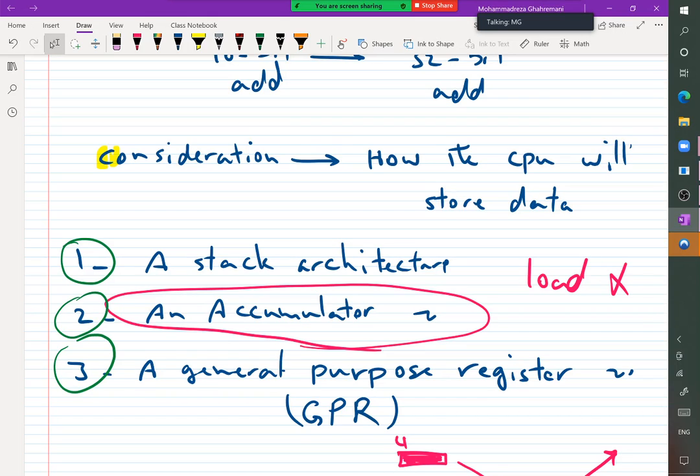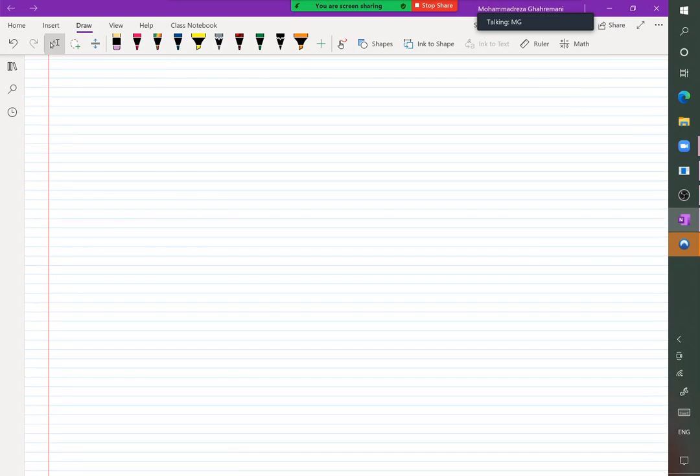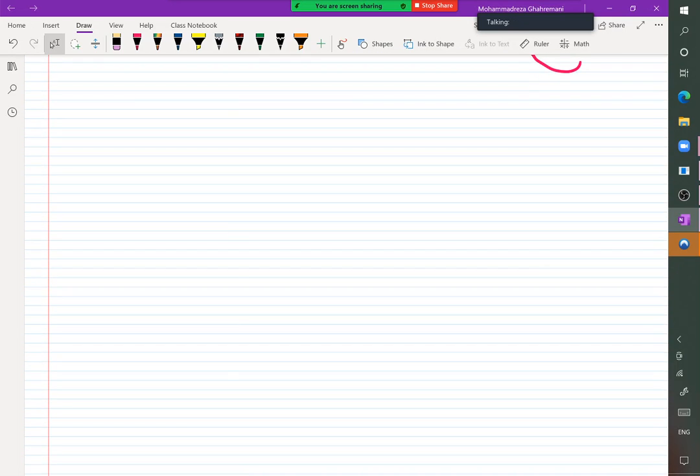We are going to see how they work one by one. First we are going to talk about the stack machine, then the accumulator, and then general purpose register, which we will continue in the next lecture.